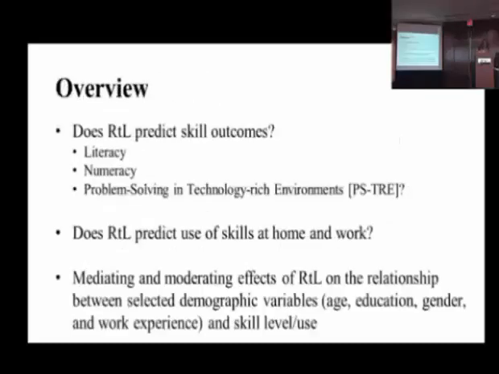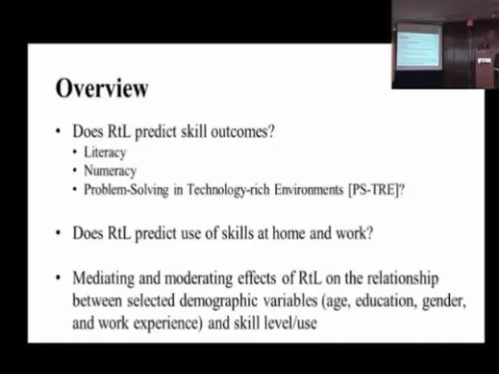So a brief overview before we get into the research questions is that we were looking at, does readiness to learn predict skill outcomes in terms of literacy, numeracy, and problem solving? And then does RTL predict use of skills at home and at work?